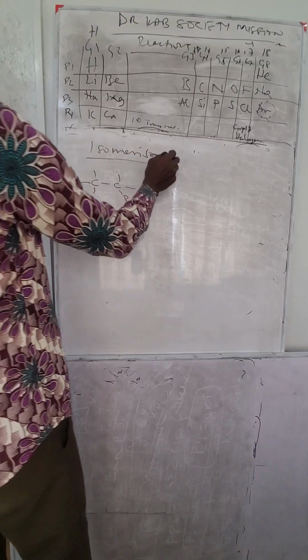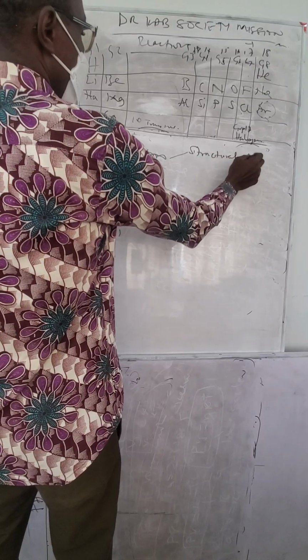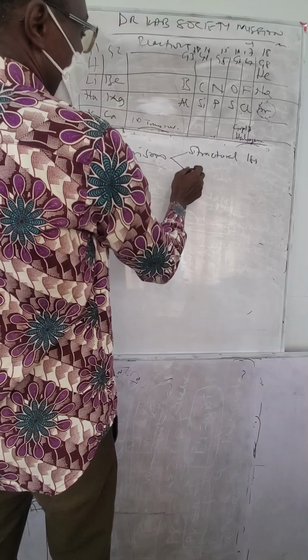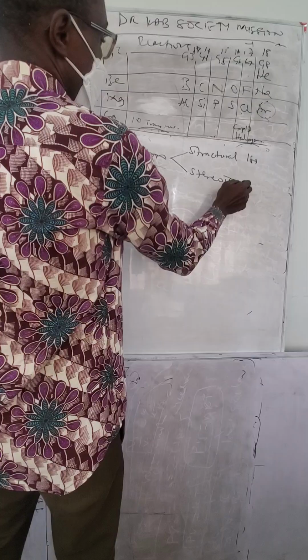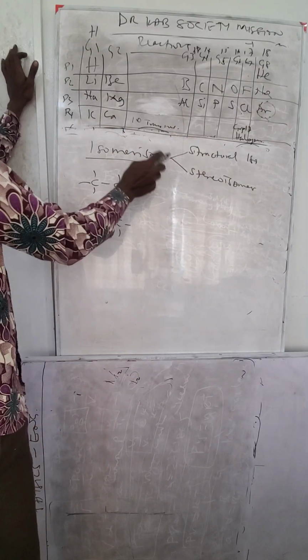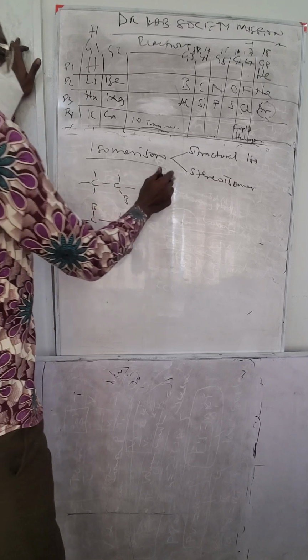So based on isomerism, you can have what we call the structural isomers, or we can have what we call the stereoisomers. Okay, so structural isomers, it means they have the same structure, but different positions.